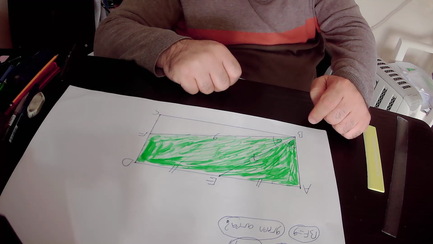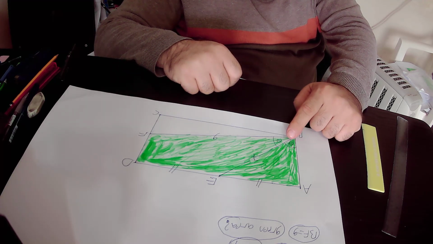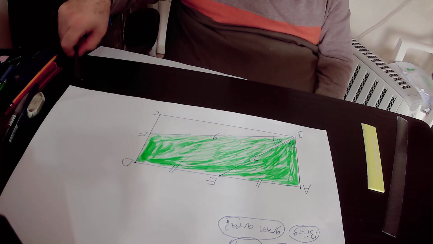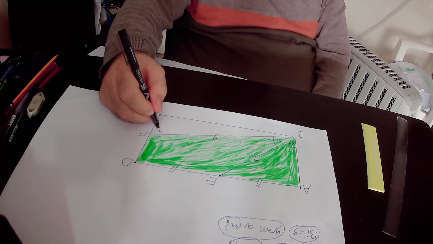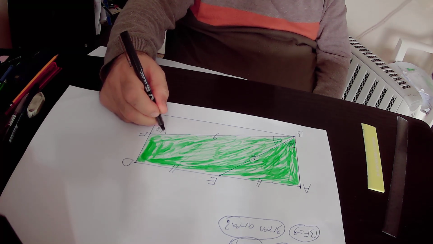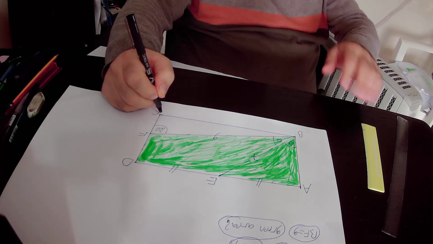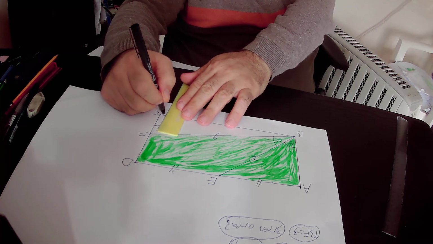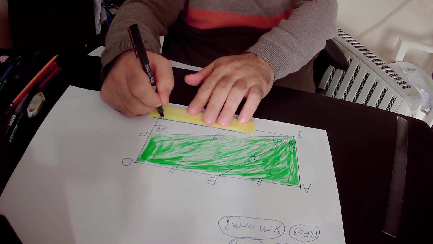So if this angle is 2 theta, then this angle is also 2 theta. And all the angles inside a rectangle are right angles.